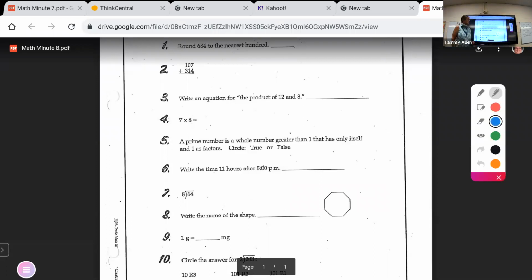All righty. So let's begin with number 1, we're rounding 684 to the nearest hundred. Jonathan? 700.